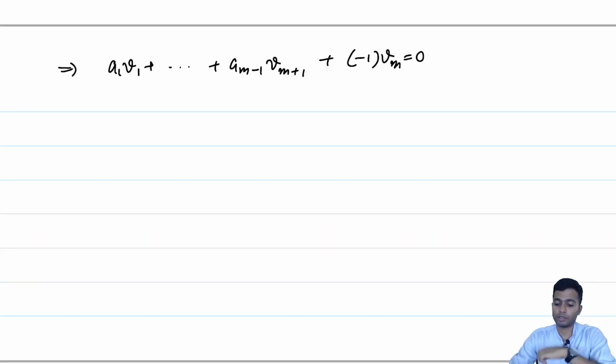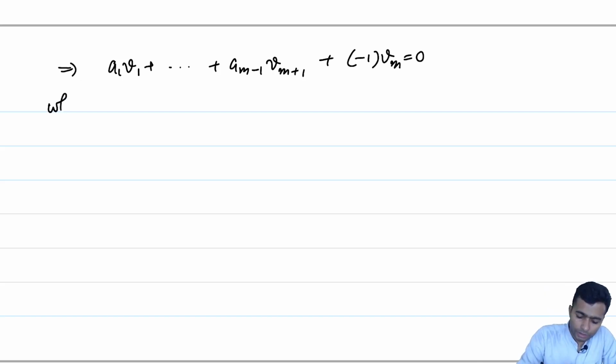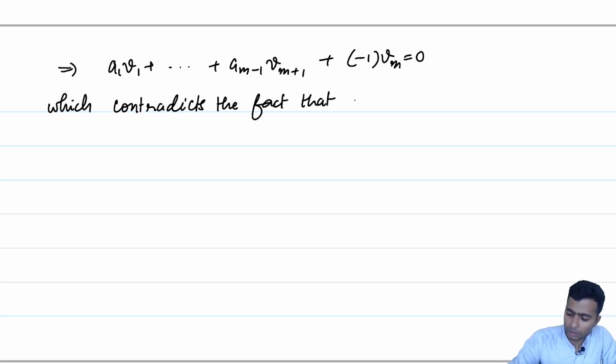But that's a contradiction, because this is a non-trivial linear combination of v1, v2 up to Vm, which means that L is linearly dependent. This contradicts the fact that L is linearly independent.